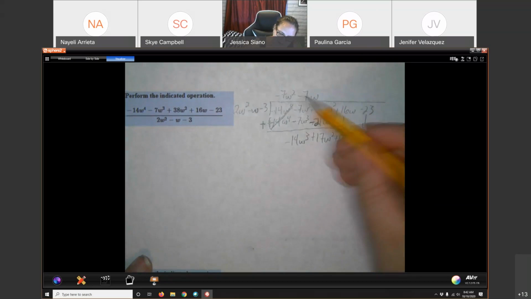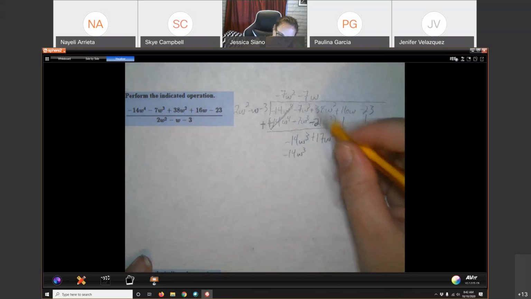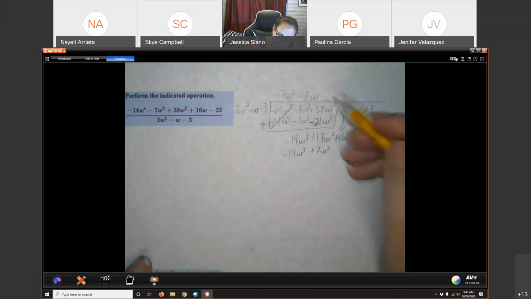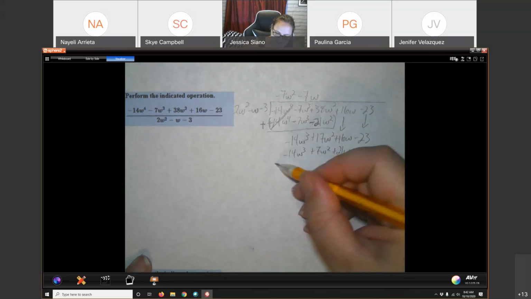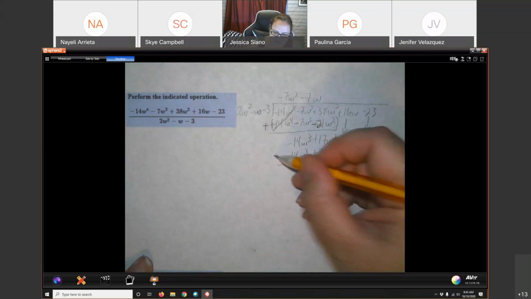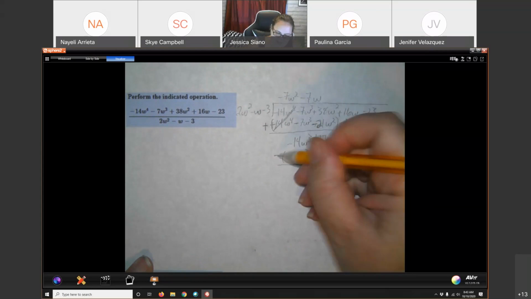Negative 7w times this is going to be negative 14w to the 3rd plus 7w squared plus 21w. So I'm going to subtract, but again, I'm just going to say, okay, instead I'm going to add the opposite.